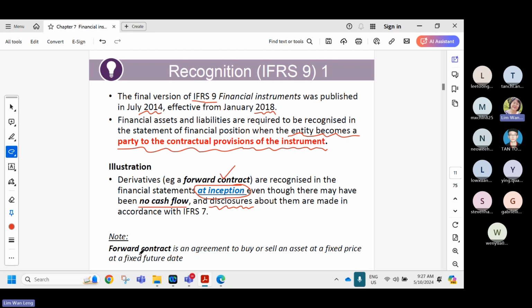So a forward contract is what? An agreement to buy or sell an asset at a fixed price at a fixed future date. Later we will look at forward contracts and futures contracts. So we recognize financial instruments in the books when the entity becomes a party to the contractual provisions of the instrument.